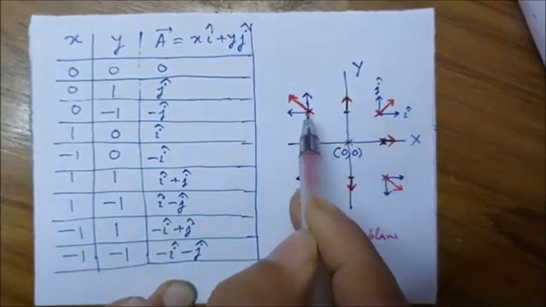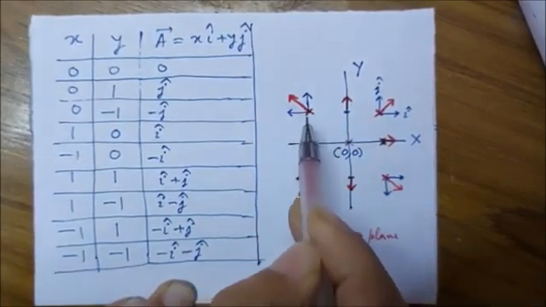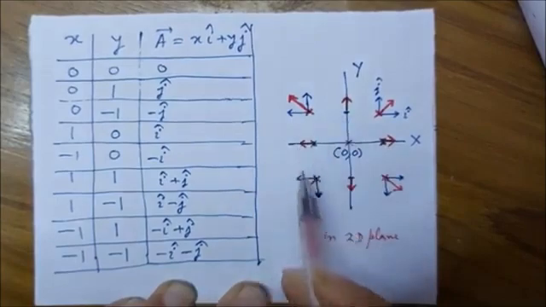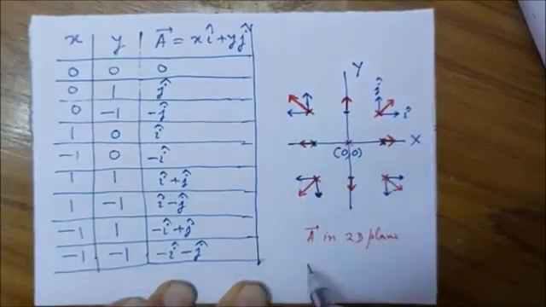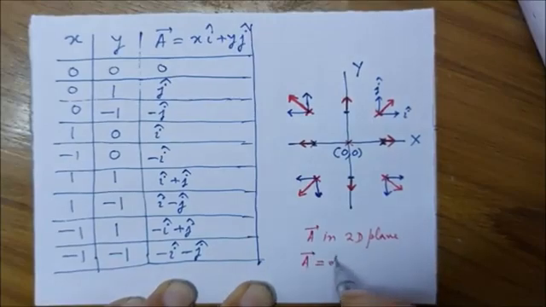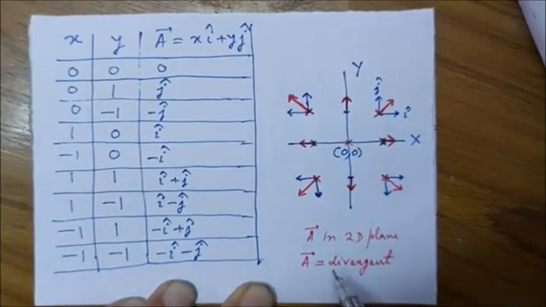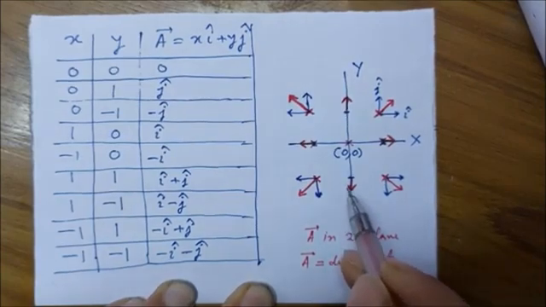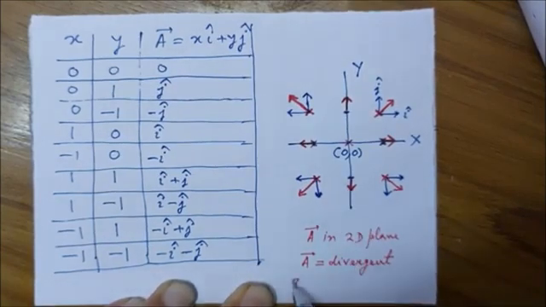It is also directed away from the origin at this point, and the same is true for all the points. In other words, vector A is a divergent vector, and we have verified it through a plot and mathematically just by stating that divergence of A is equal to 2, which is greater than 0, or positive.